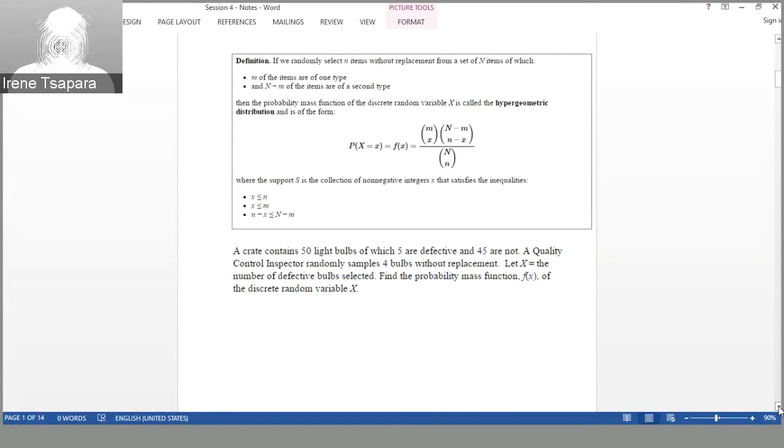You take it out. Then immediately the trials are not independent anymore, so you don't have a binomial distribution. In this case, what you have is a hypergeometric distribution. This is what the hypergeometric distribution is, and the formula that you see on your board is how we calculate it.